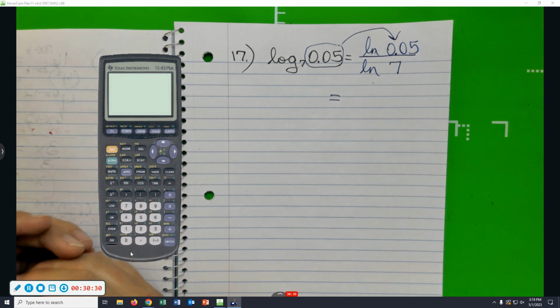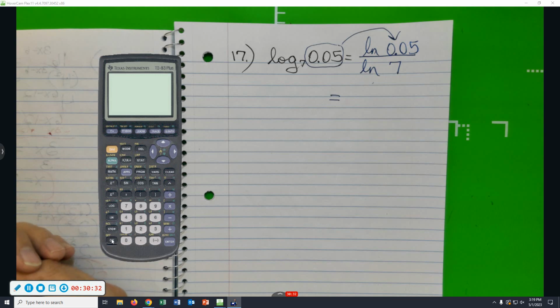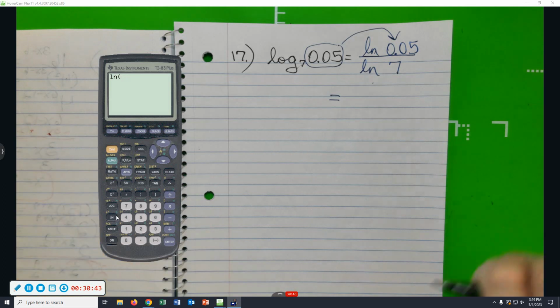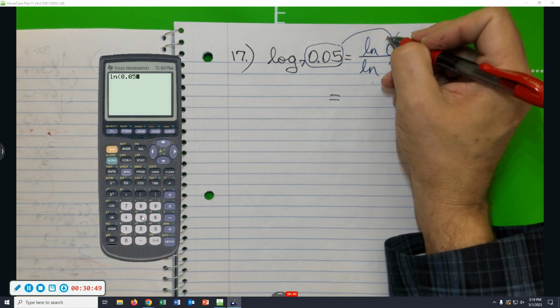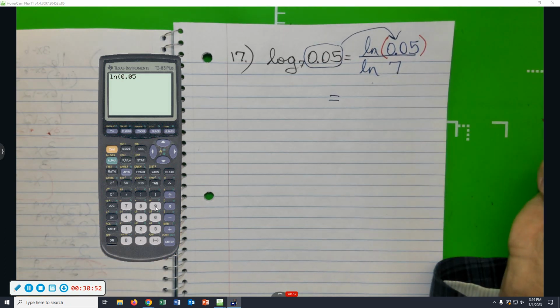So we're going to punch in, and be careful if your calculator opens parentheses the way my calculator does. That's LN. Close it. I'm going to put in the parentheses, in red, where they need to be. When we press that LN, the calculator's opening a parenthesis, we're going to have to close it.